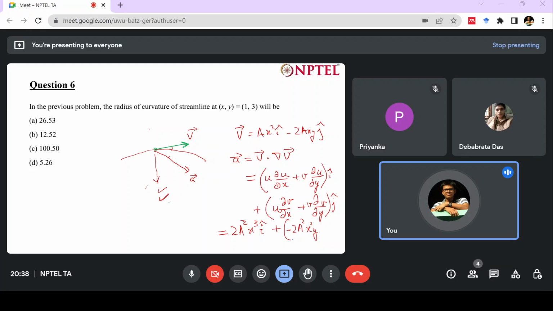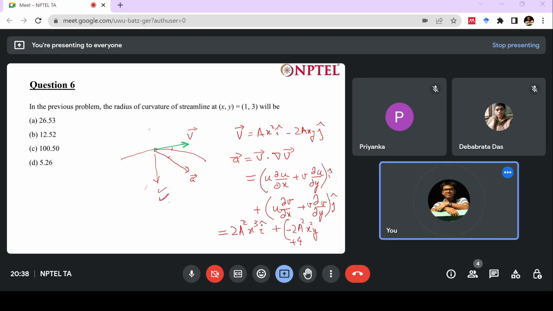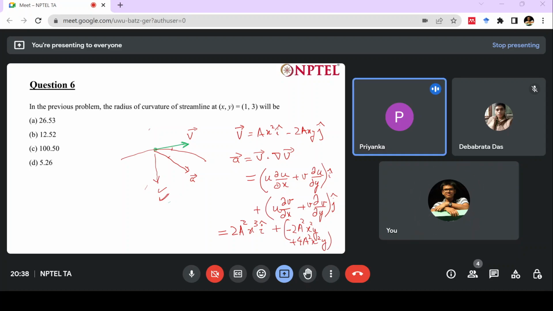So there minus minus is plus. Sir, second term, sir, plus it will get cancelled. V del v by del y. But here 4 will be there, no? Because v here 2 is there and again 2 is there. So this is 4a square x square y. Yes, sir, 4 is there. My mistake, sir. Sorry, sir. Okay.